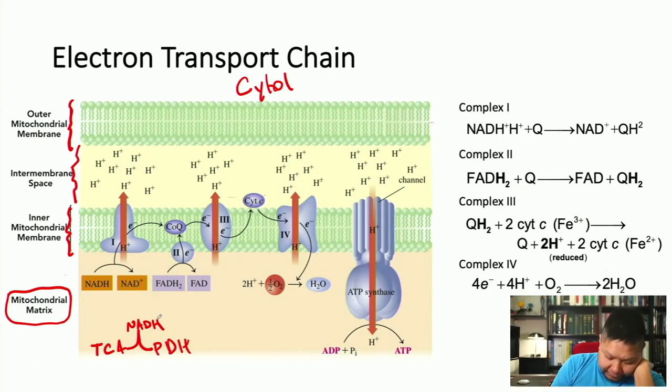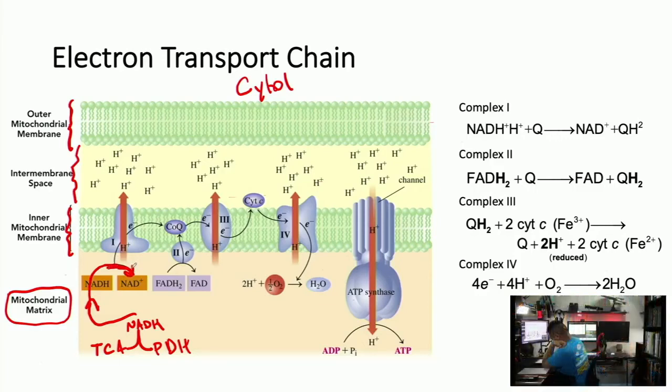Those NADHs, from the steps previous to the electron transport chain, go into the electron transport chain via the matrix into complex 1. The NADH transfers electrons, thereby getting oxidized into NAD plus, into complex 1 of the electron transport chain.